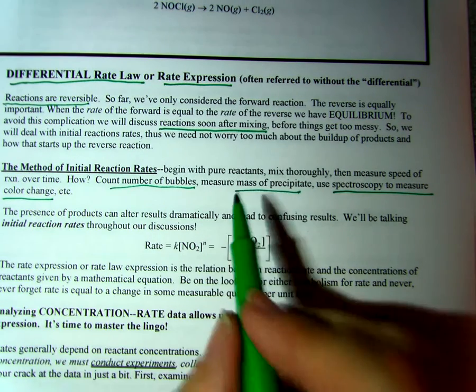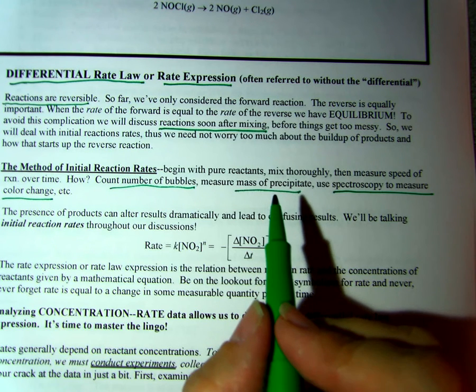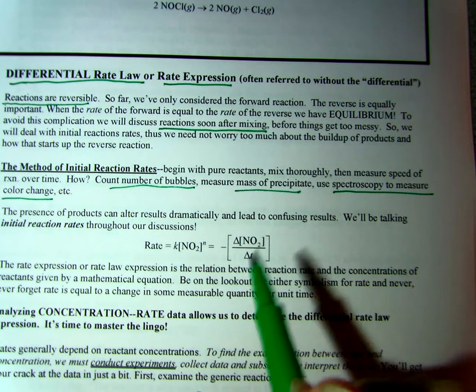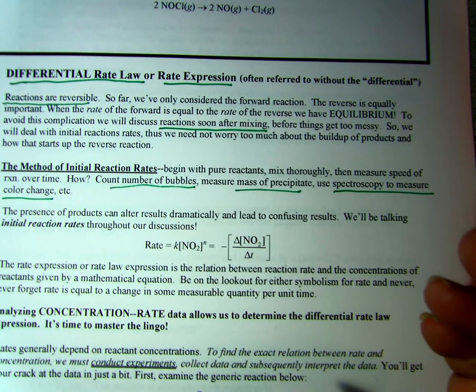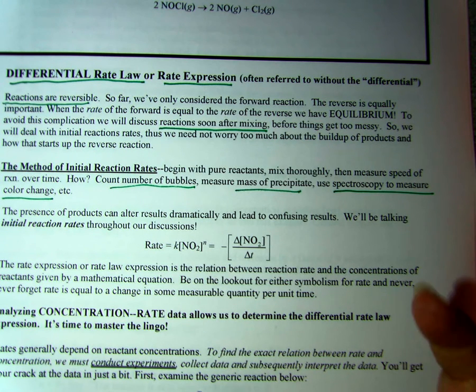That is what we're actually going to do in a lab when we get back from Thanksgiving on Wednesday. It's called the crystal violet reaction. You're actually going to mix some chemicals together. They're going to turn a really pretty purple. You're going to put it in something called a spectroscope, actually a colorimeter.